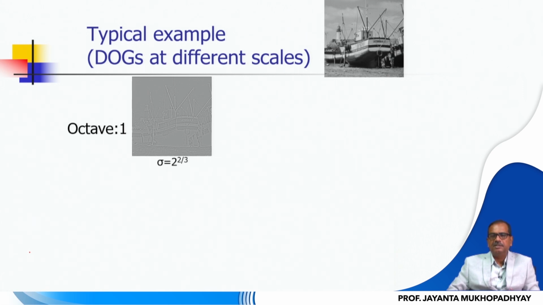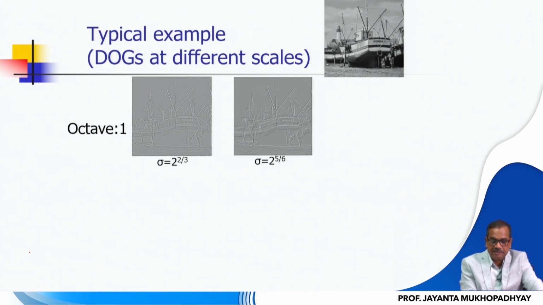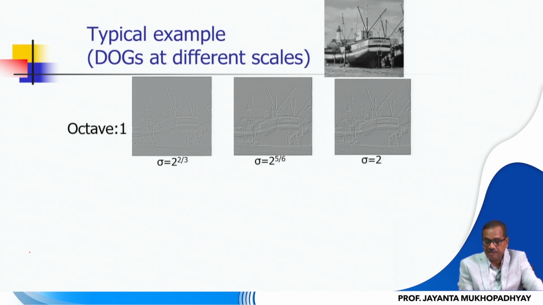Though I am saying octave, actually I will show only a few, say 3 samples. Say the sigma is 2 to the power 2 by 3, and these are the difference of Gaussian images what you see. If I increase the sigma, it will be coarser. So the edges you will see are getting coarse and blurred. If I use sigma equal to 2, this is a representation.